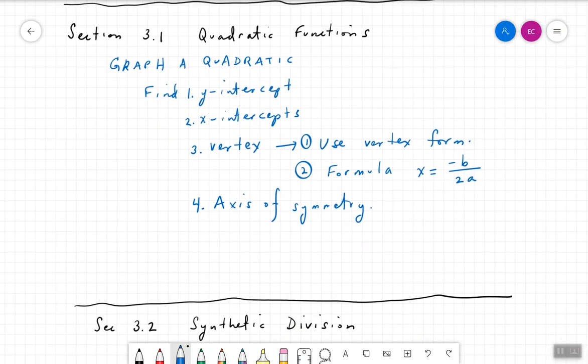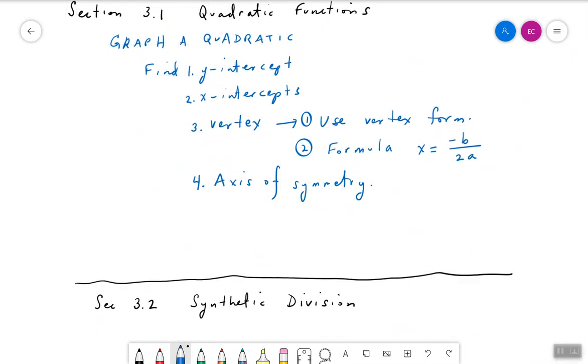And it would be good to remember that we had two ways to look at the formula for a quadratic. So standard form says y equals ax squared plus bx plus c.